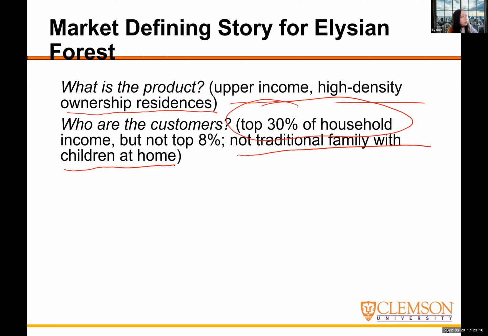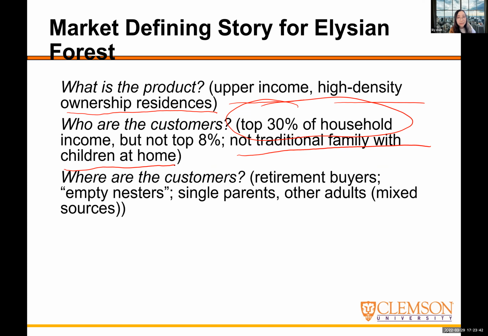So Elysian Forest people are thinking, why don't we sell it to single parents or working professionals or people who don't have children, so they don't need a backyard or school district? And also single parents, they have children, but they probably don't have the energy to maintain the yard. Let's try to sell them to those. Whenever they determine that, they're significantly shrinking their customer base.